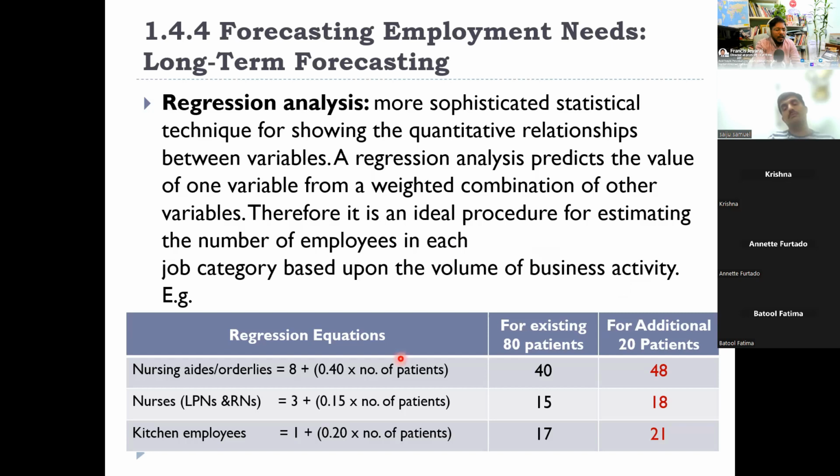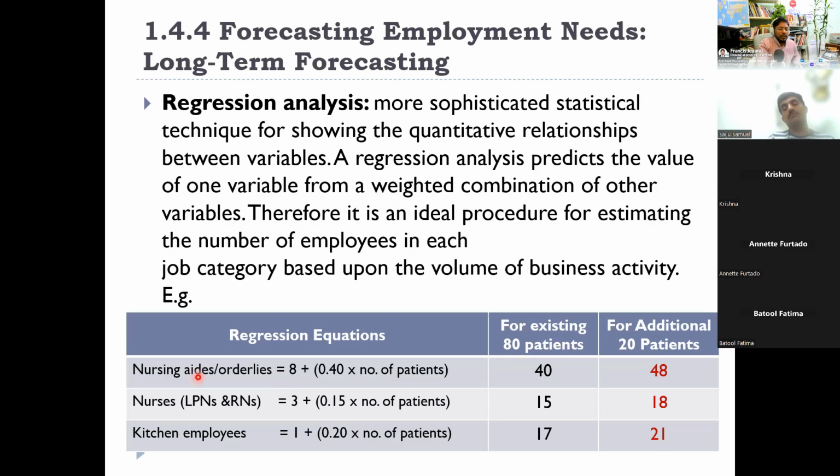For example, in nursing, you have the hospital. For existing 80 patients, you need 40 nursing staff. For additional 20 patients, you need to figure out how many staff you need. You need to apply the formula. So eight people may be required. So 40 plus 8, 48.